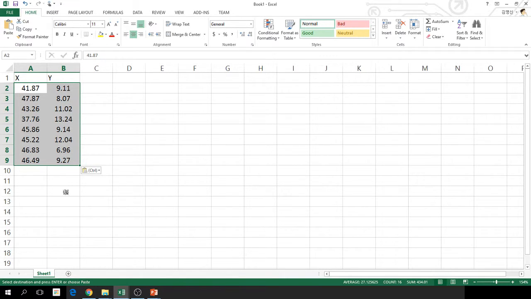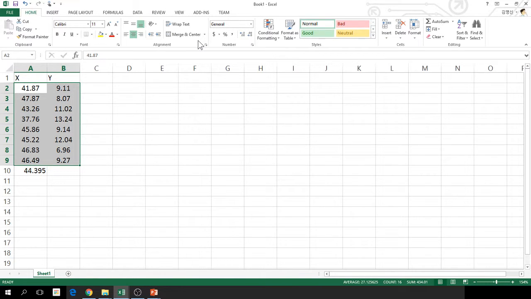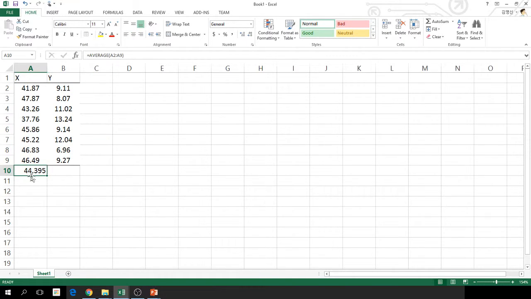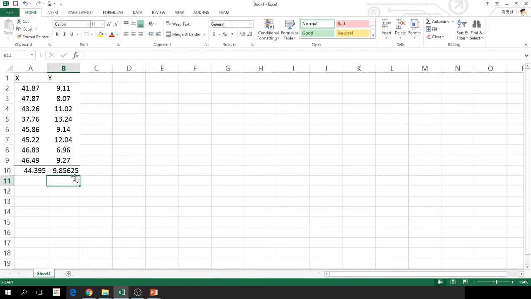Then we can calculate the sample mean like this: the average of these values gives the sample mean. We have a bottom line and top line. So that is the sample mean, and this one is also a sample mean, the average of stock Y.